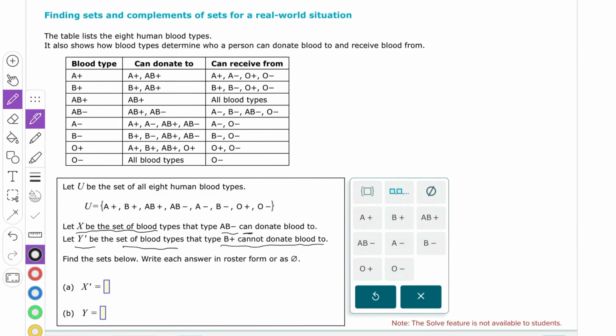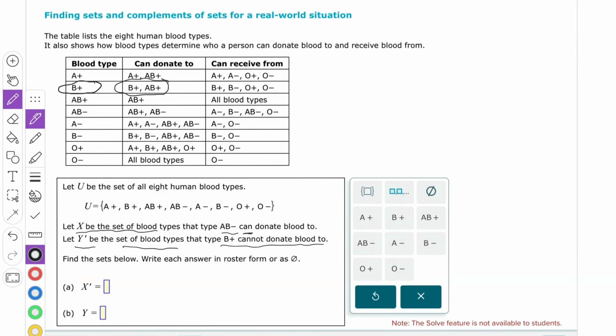So I'm going to look at the B positive, right? And then it says Y prime be the set of blood types that B positive cannot donate blood to. So you are going to choose just these two, because Y prime would be the set that B positive cannot donate blood to.